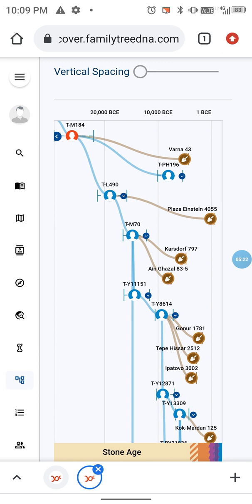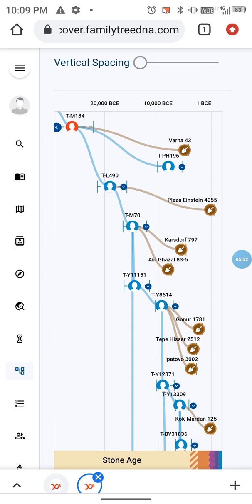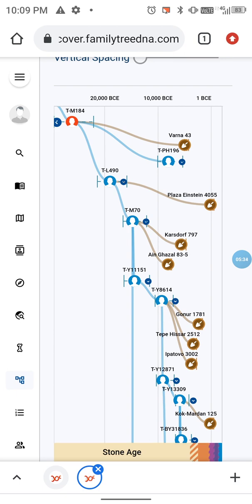So the only way they were able to map the human genome is by having a large database of people testing and saying, hey, look, these people have this in common, right? Like blue eyes, for example, and it so happens that this segment of their DNA is the same for all of them.